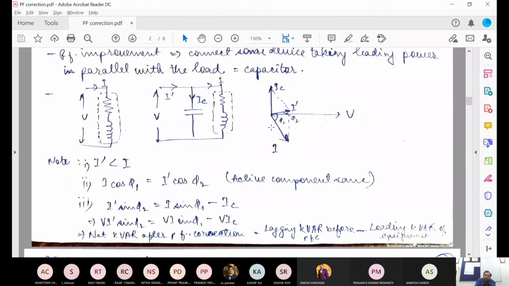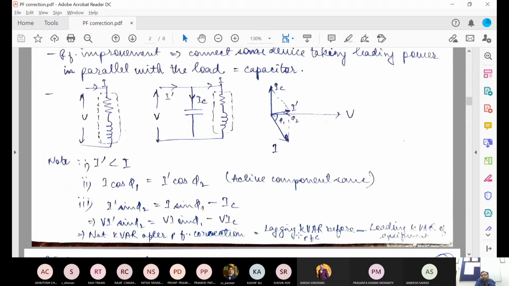So there was some reactive power demand in the system, and now you have nullified it by introducing the reactive power demand of the opposite nature. The difference of the two will give you the net kVAR after this power factor correction.